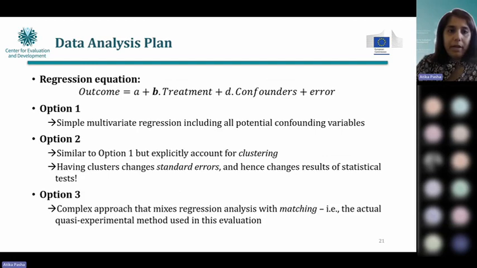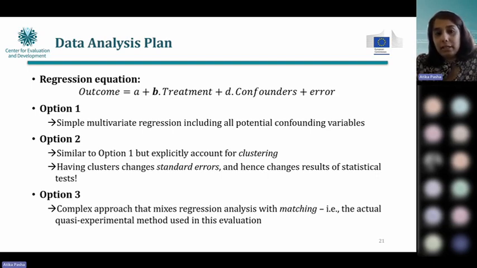Okay, so our first option in this case would be to run a simple multivariate regression that we talked about previously, including all confounding factors. A more robust setting would be to account for the clustering, because we were not giving the treatment of the program at the individual level, but at a cluster level of communities. You need to account for the change in your error term that happens as a result of the clustering of your program.